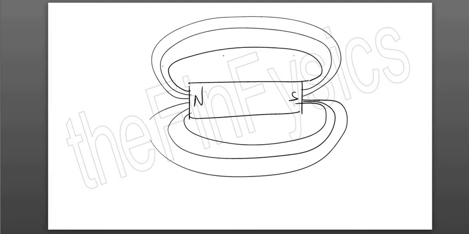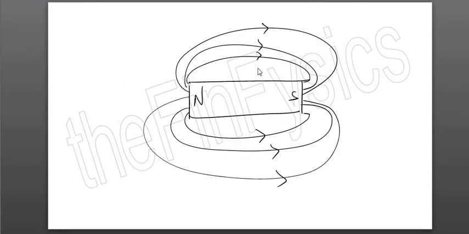Outside the magnet, they point from north to south. One common mistake is at the bottom, kids draw the direction like this, which is wrong. So this is what the field lines look like outside.